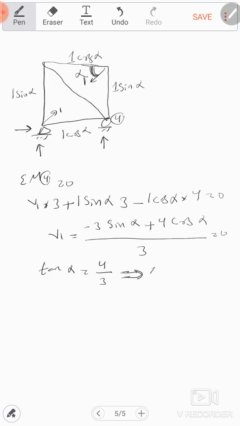The theta equal 53.13 degrees, and the sine theta equal 0.8 and cosine theta equal 0.6. So then substitute the values, and now we're going to find the internal forces for this system.